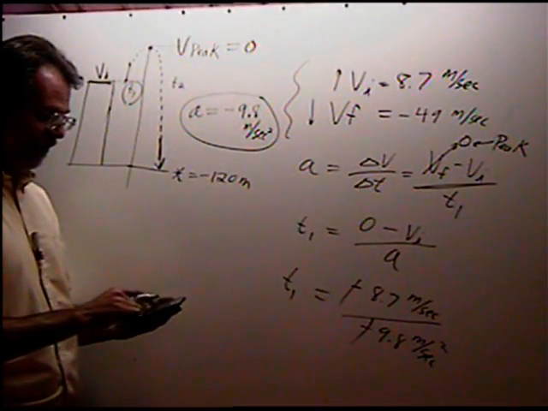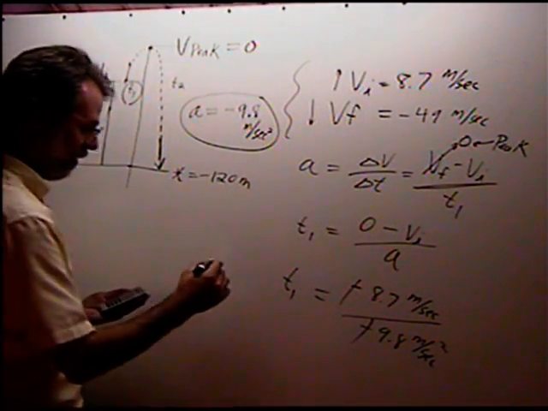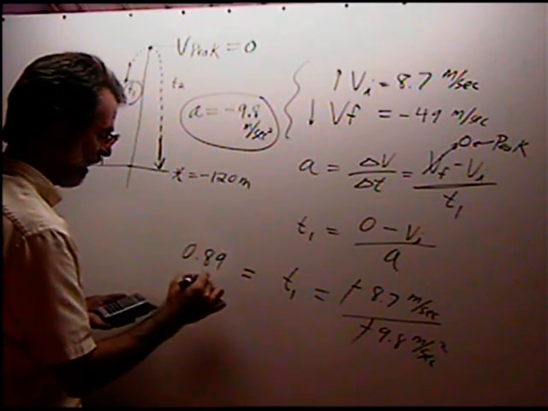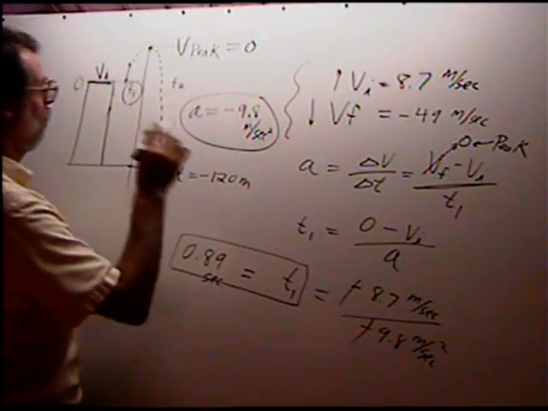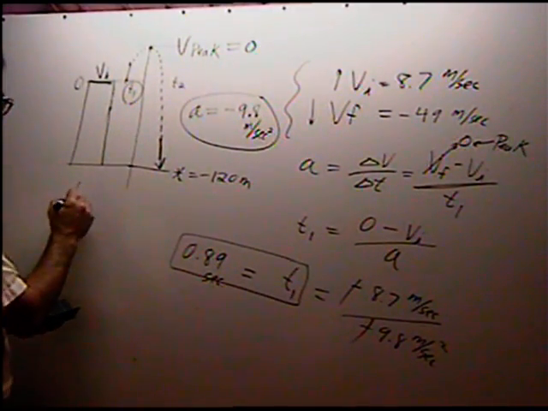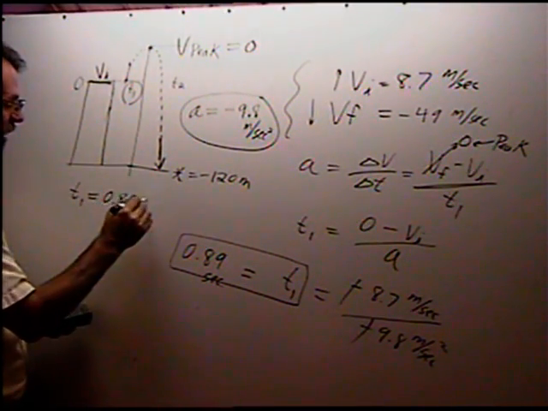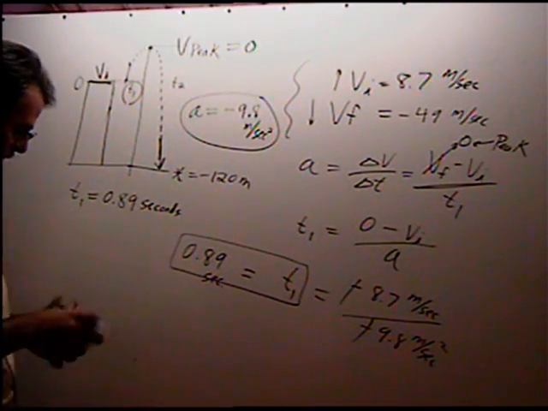We get 8.7 divided by 9.8, and I'll round off to 0.89 seconds. So T1 equals 0.89 seconds.